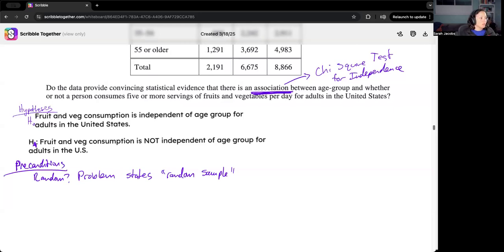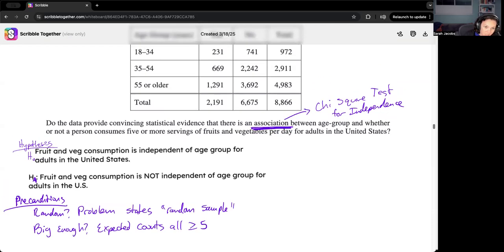And we need to check the expected counts. So this is our big enough condition. So the expected counts are all greater than or equal to 5.